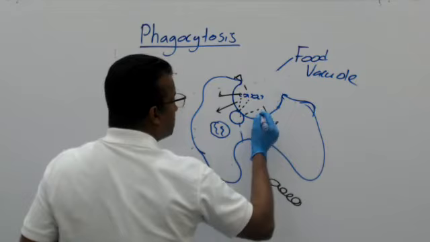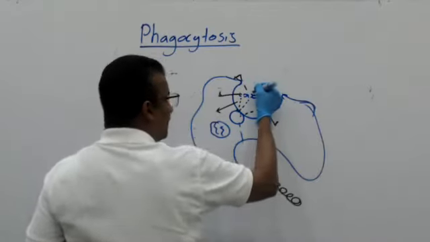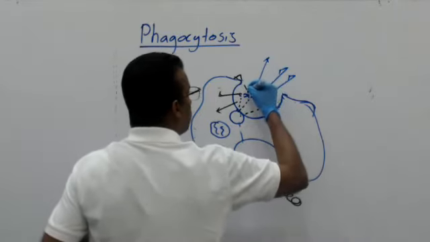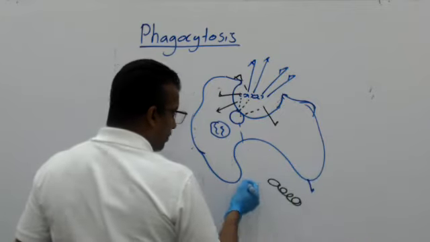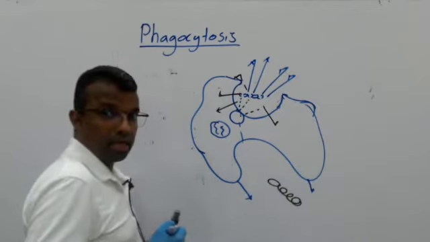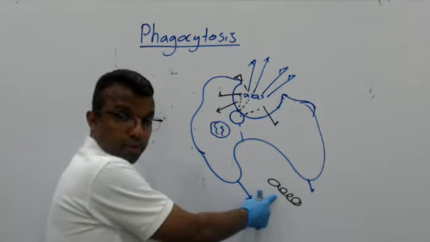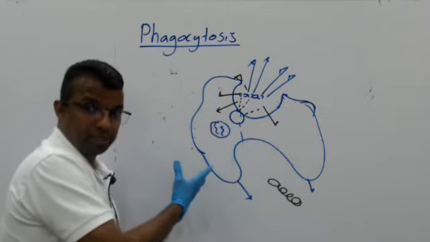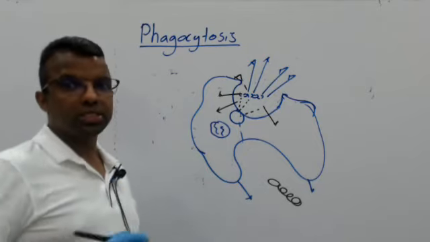So when it opens up, whatever undigested product is removed out, while the pseudopodia is continuing to extend out to the next food. This whole process that I've just explained is what we call phagocytosis.